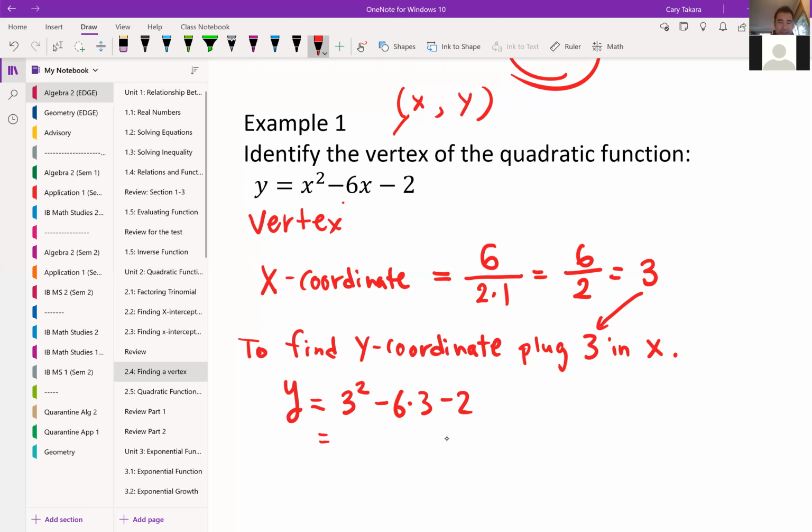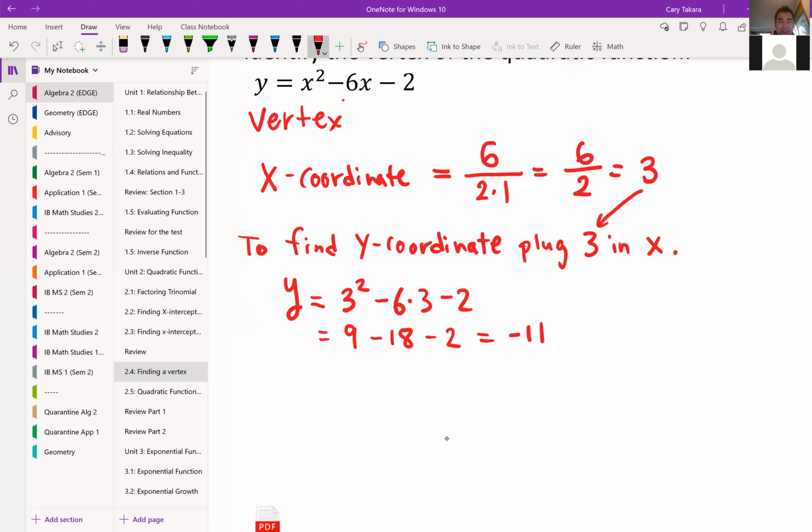So that's 9, minus 18. What is that? Negative 9, minus 2, what is it? Negative 11? Negative 11. So we found it, okay?